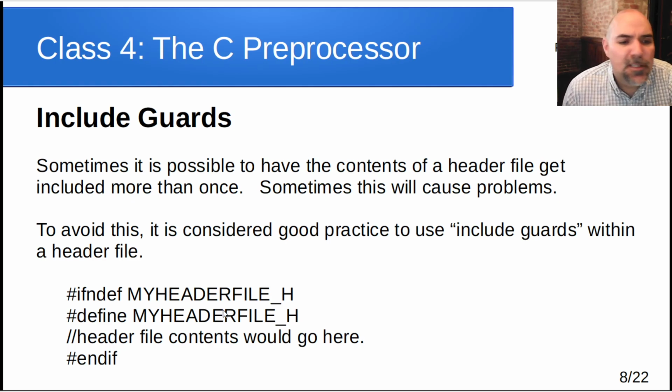And I'm going to mention these even though we haven't looked at some of the stuff we need for this. But looking at this, you'll note that it's sometimes possible to have the contents of a header file get included more than once. So imagine you have a project and it's got two or three different source files, and they all are including some header file.